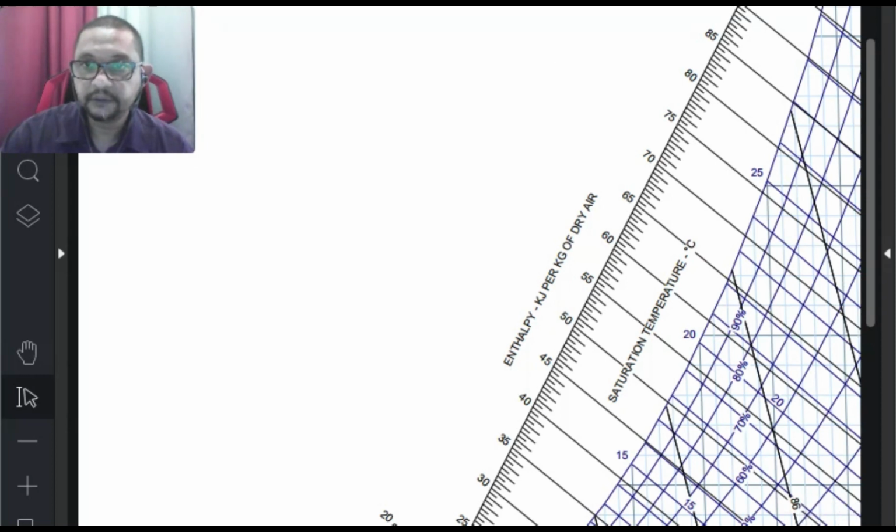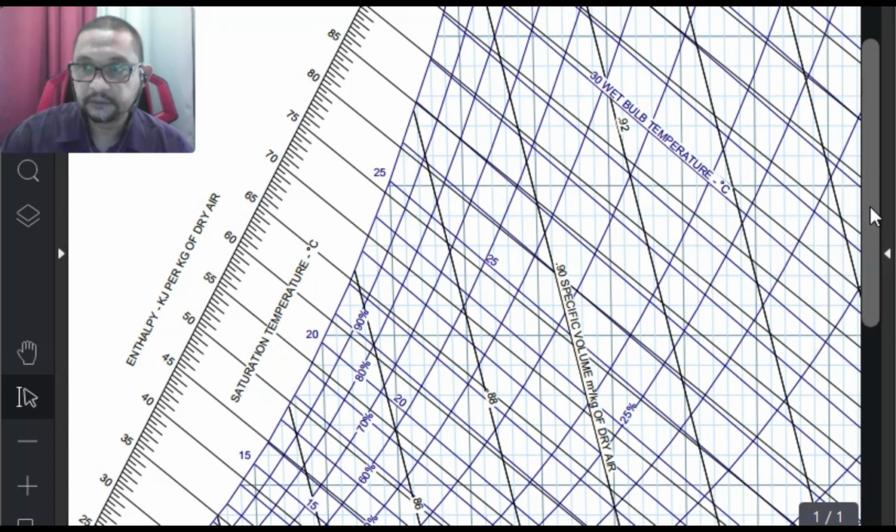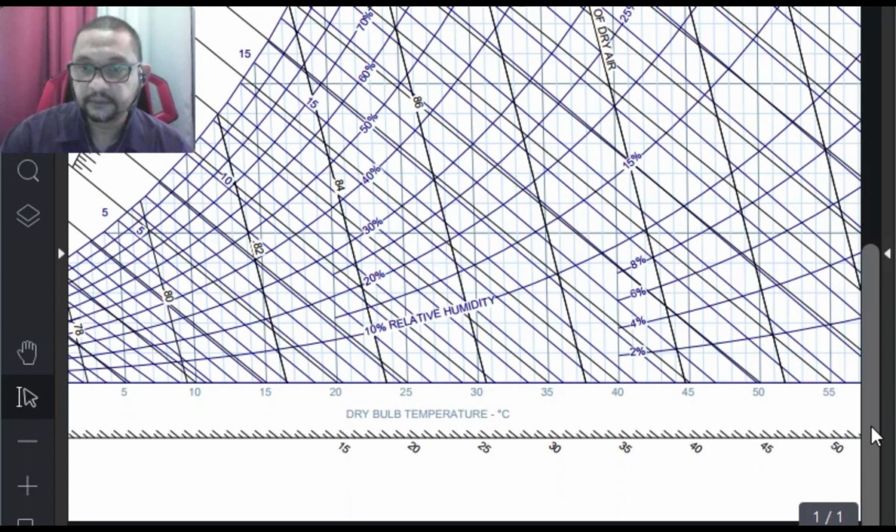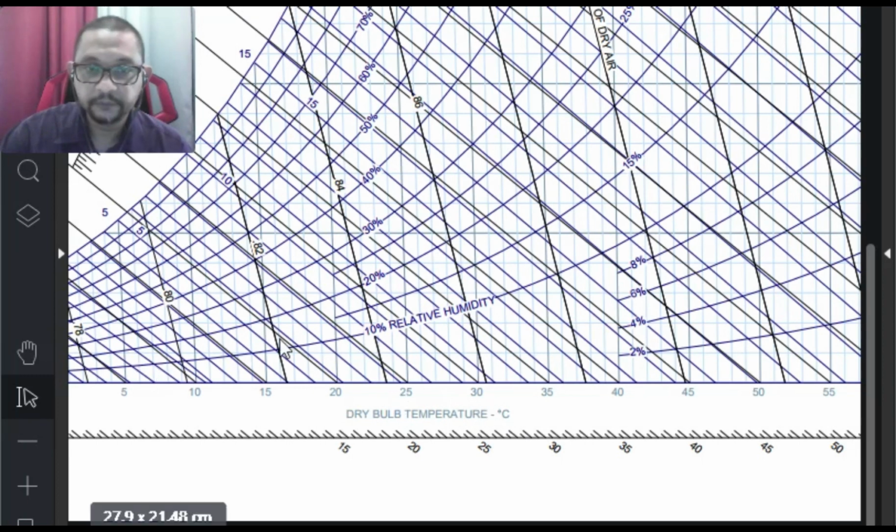The dry bulb temperature is 32 Celsius. Okay, find the 32 Celsius dry bulb temperature.